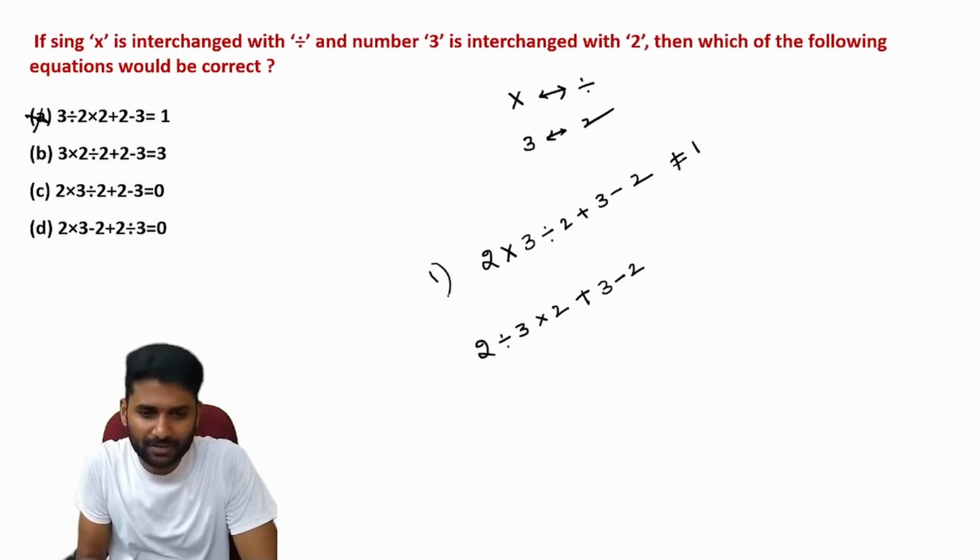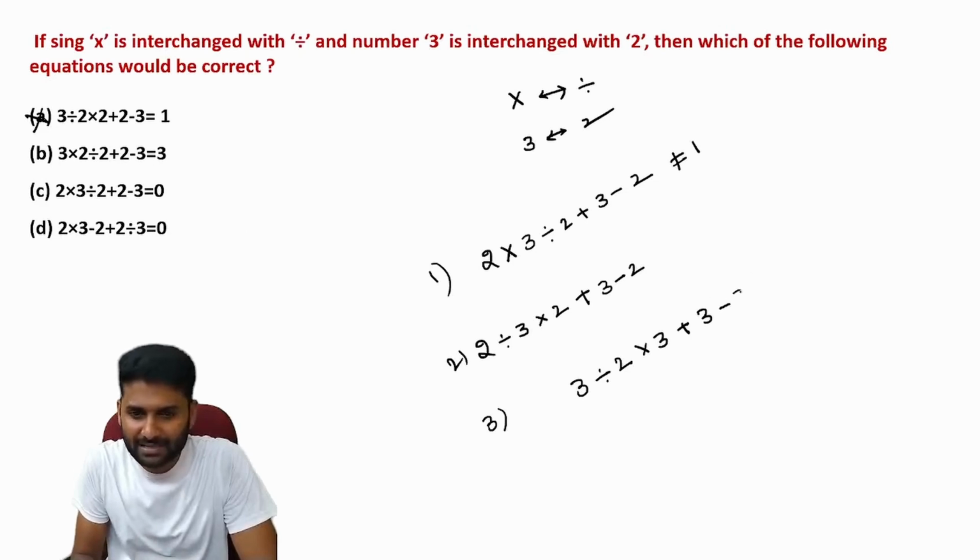Let's go through that option. Why? Because 2 divided by 3 means definitely you will get the decimal. Third one: 3 divided by 2 and multiplied by 3. 2 should be replaced by 3, 3 should be replaced by 2, and division should be multiplied, plus as plus and minus as minus.